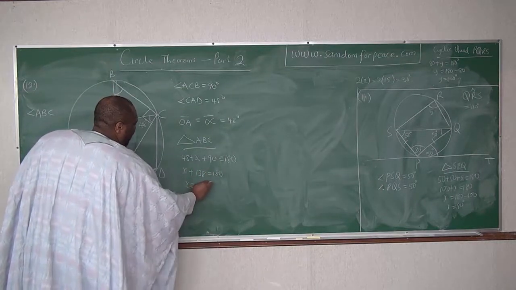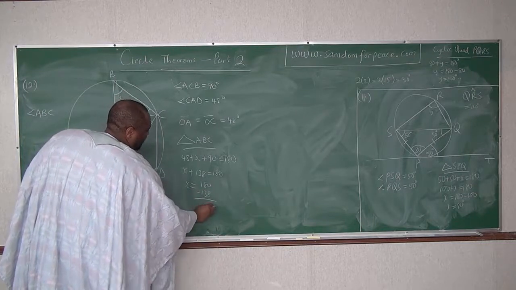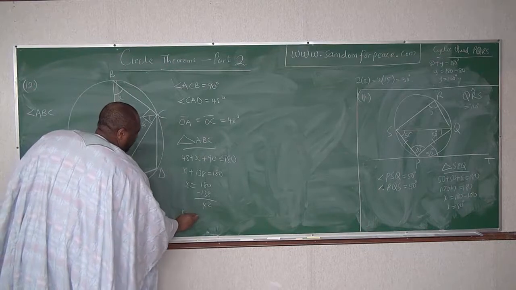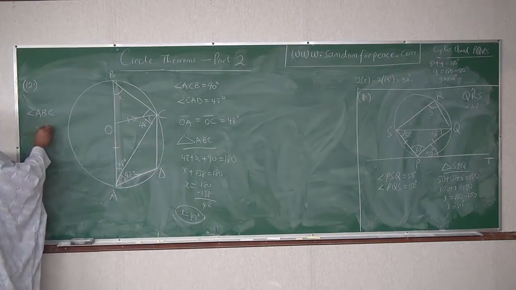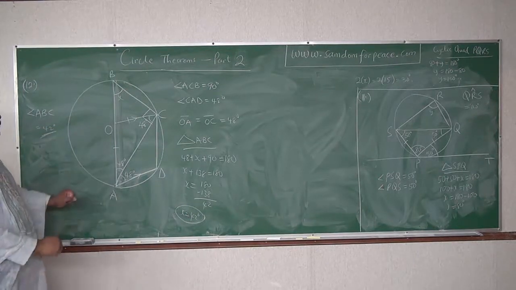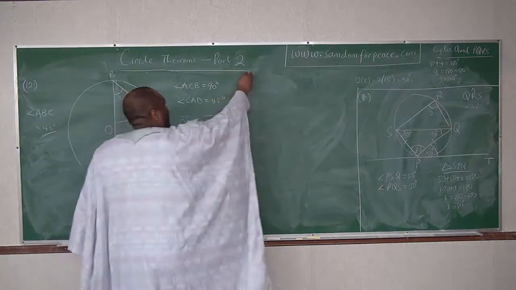X is 180 minus 138, which is 42 degrees. So this is 42 degrees. Okay? That is it.